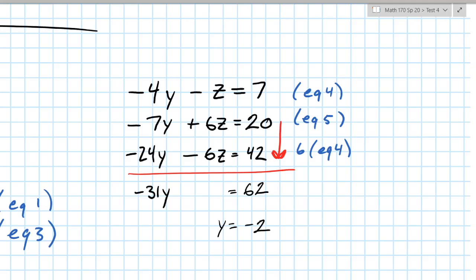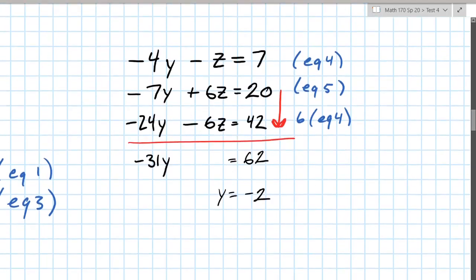That's great news. Now we can substitute back into one of our previous equations. Now, when we substitute this back into the previous equation, we only are interested in substituting it back in equation 4 or equation 5, since those have y's and z's in it. I think it looks to me like equation 4 is easier to work with since it has smaller numbers.